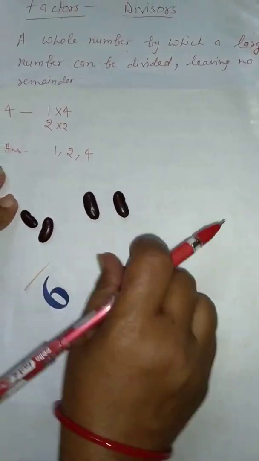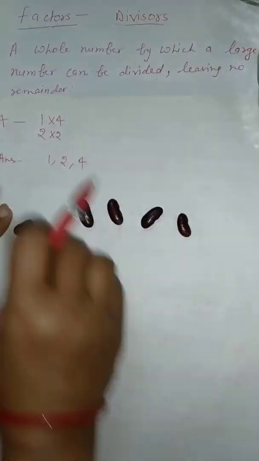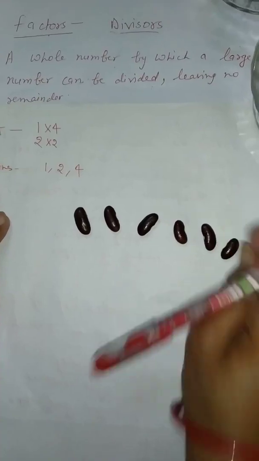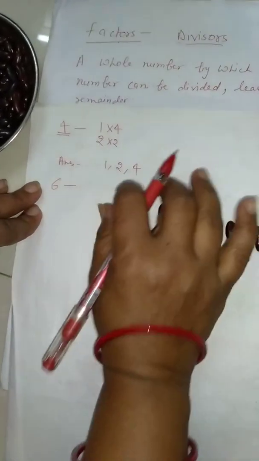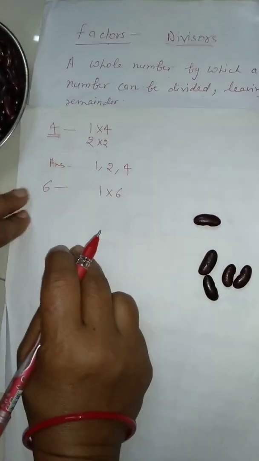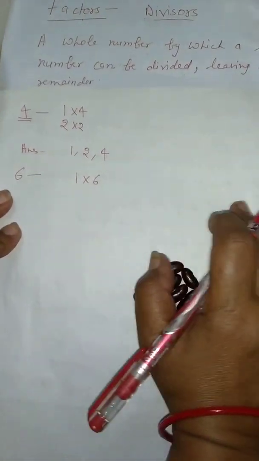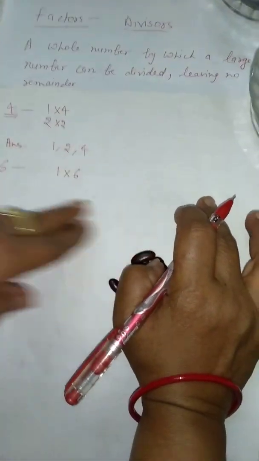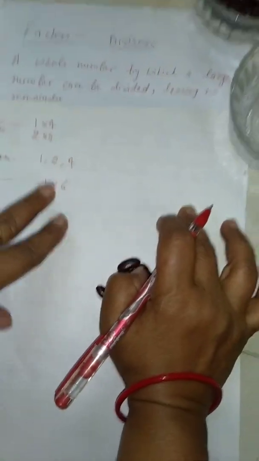So you can write it 1 into 6. Okay. However many students there are, you can arrange all of them in a single line. Okay, 1 will be a factor of all numbers.